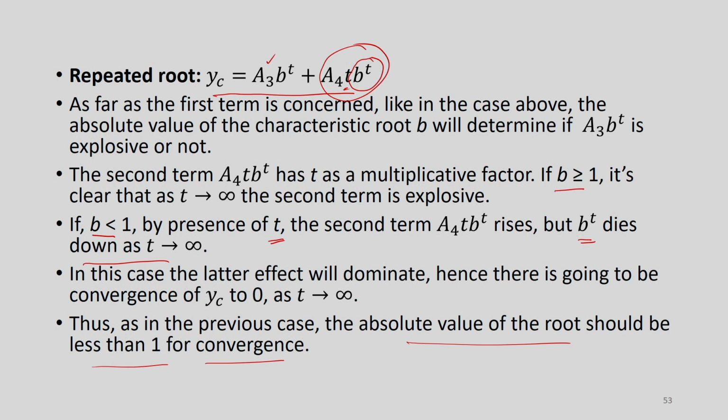Previous case means the case where we talked about distinct and real roots. There we saw that it is the absolute value of the dominant root that determined the characteristic of the time path. Here also the same thing is being concluded.